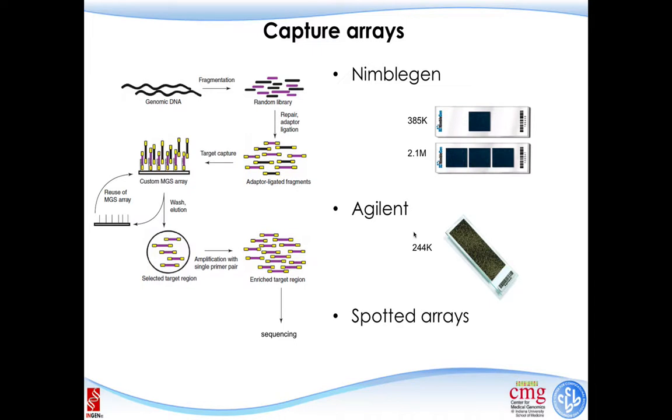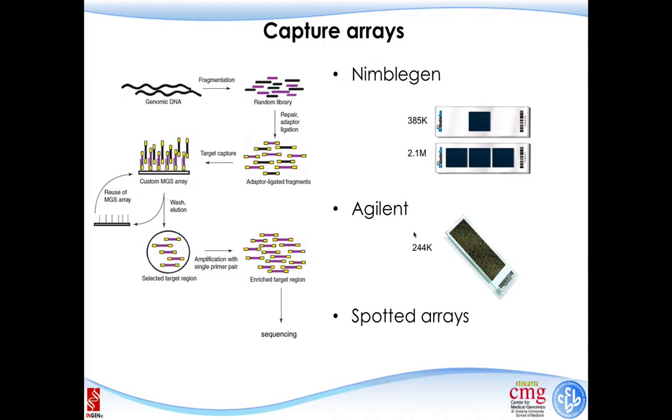The way you do that is to put an adapter on it, making the library, and then you design a microarray with probes targeting only the regions you are interested in. For example, if I'm interested in exon regions, I will design probes to target every single exon. You can see they are sitting there.